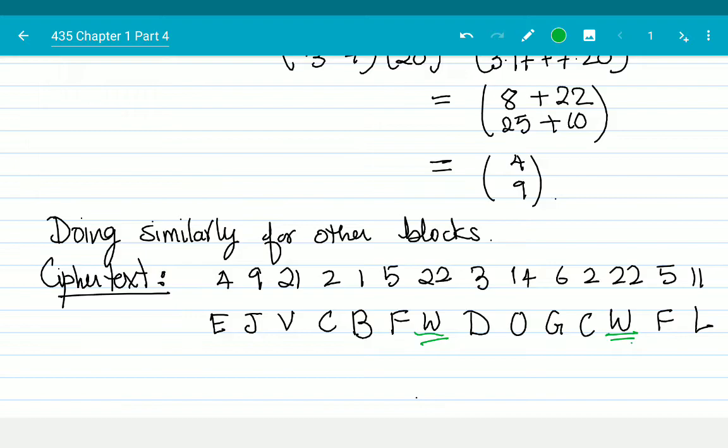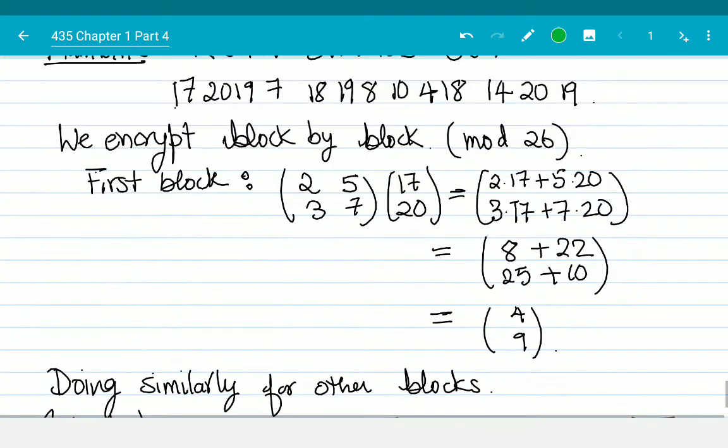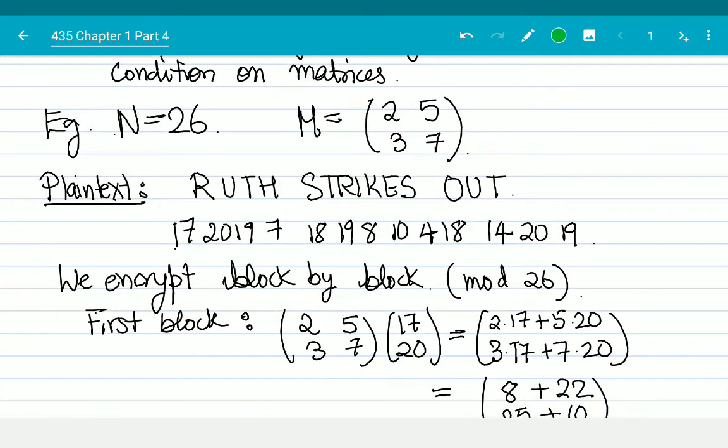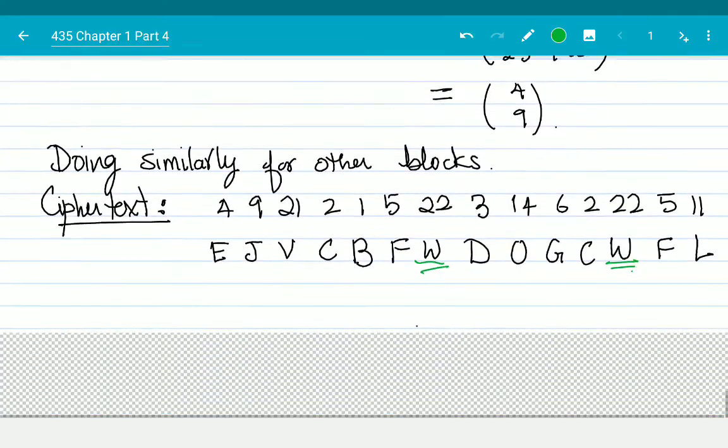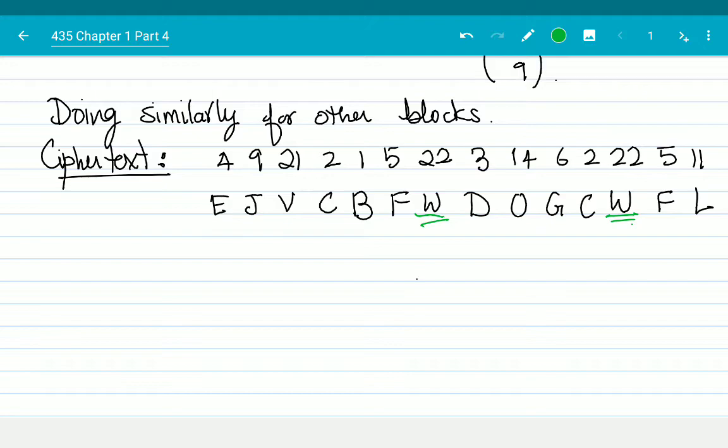This is O, and there is no O in strikes, but these are being mapped. So it's not completely a direct substitution cipher.